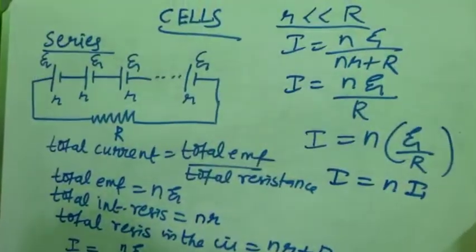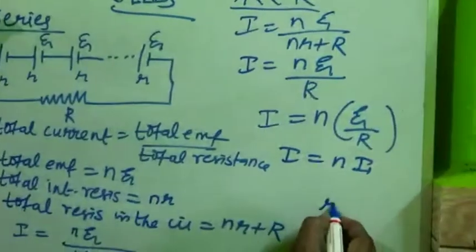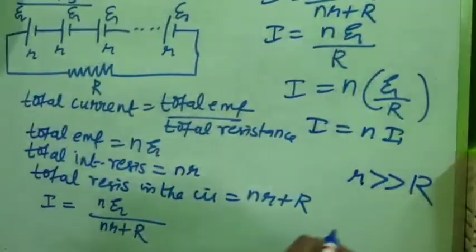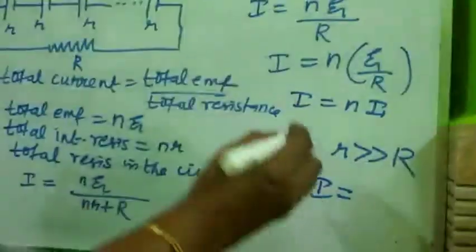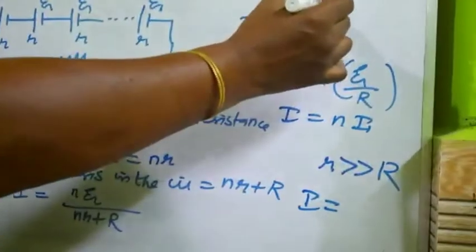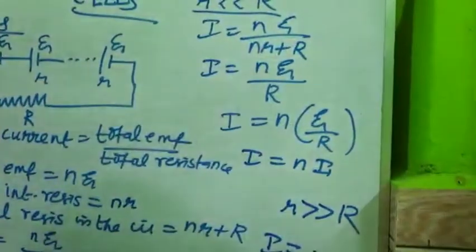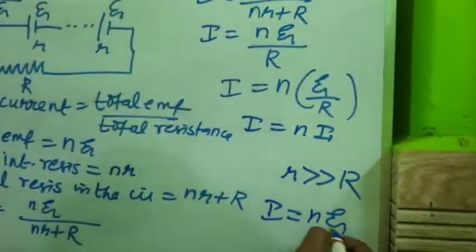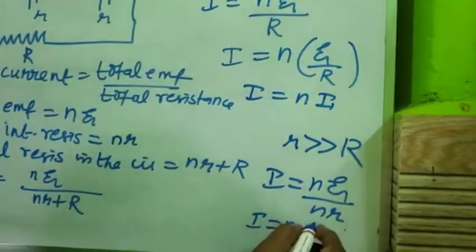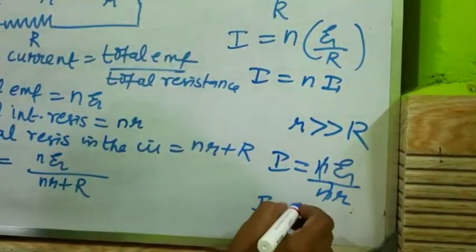We will see the second case. The second case is the other way. If small r is greater when compared to capital R, let's see what happens to the total current. I is equal to, now here you will have to neglect this capital R and write the rest: n Xi divided by n r. So n will get cancelled out.